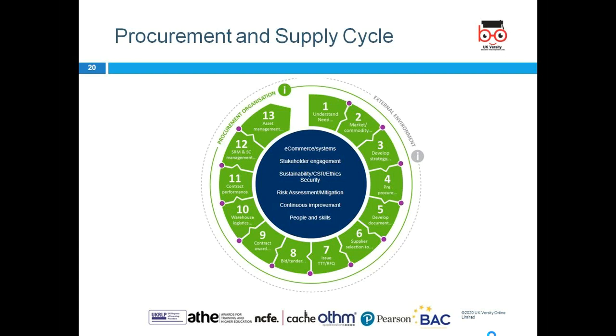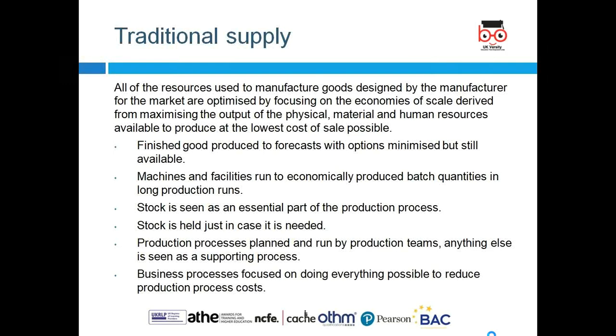All this comes under the procurement and supply cycle, and we always look at the external environment. Think about many companies: if procurement is not coming into the UK through China now, what would happen? It's a huge impact on the supply chain.